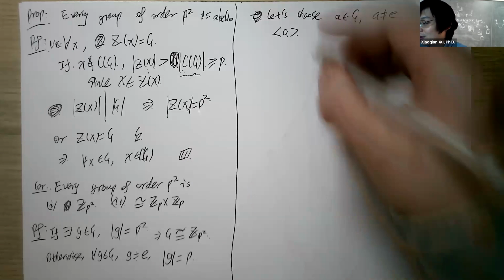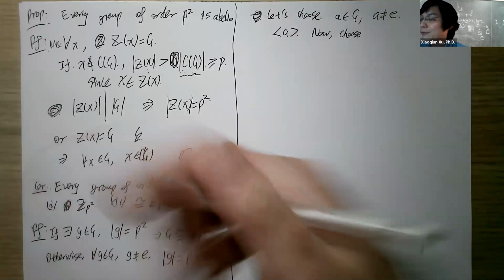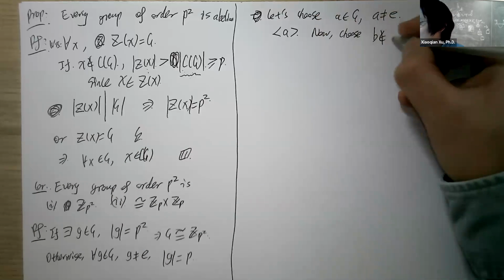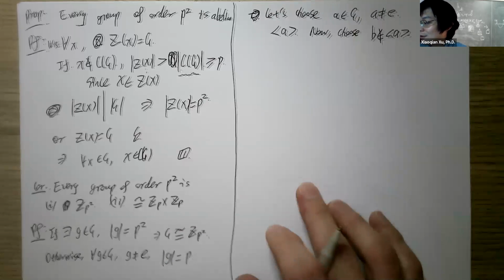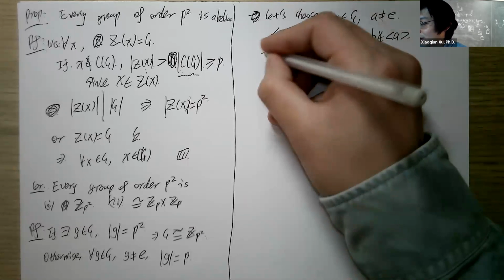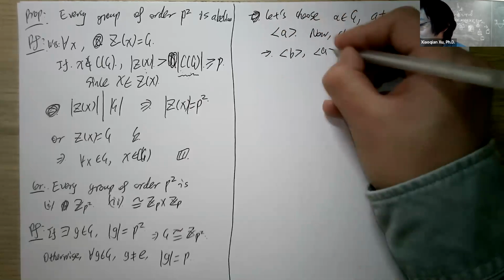Now we can choose another element b, which is not in this generated group. Then we have two things, a and b.